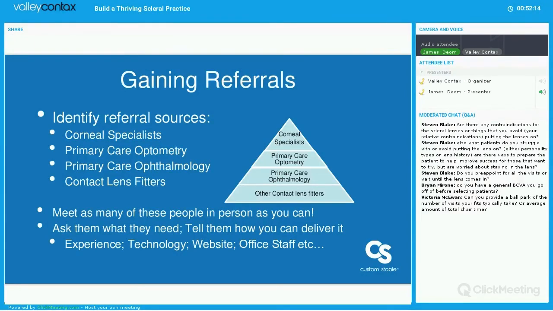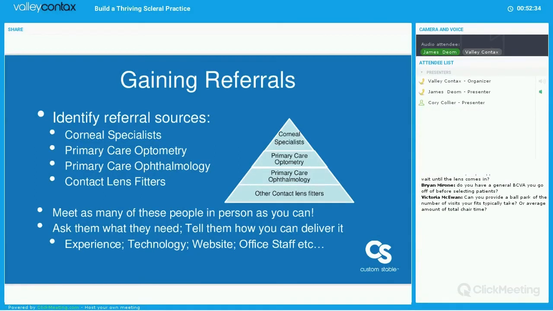And one other thing is, if you do get a referral from somebody, especially the first referral, I would write a handwritten thank you, in addition to your notes about the patient, to let them know that you appreciate their time in referring a patient, putting the trust in you.